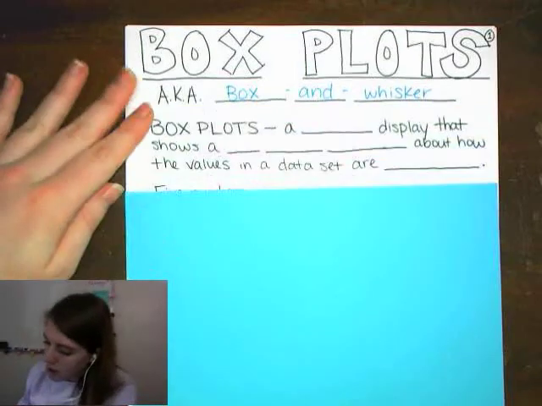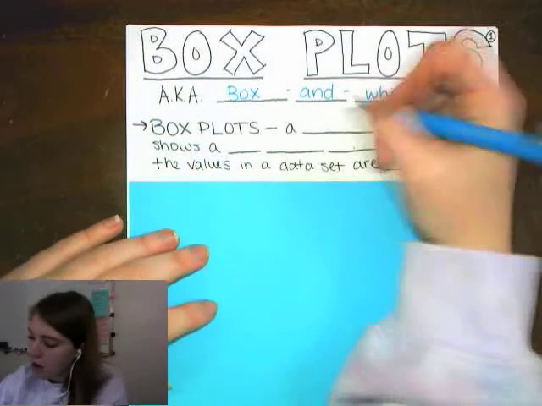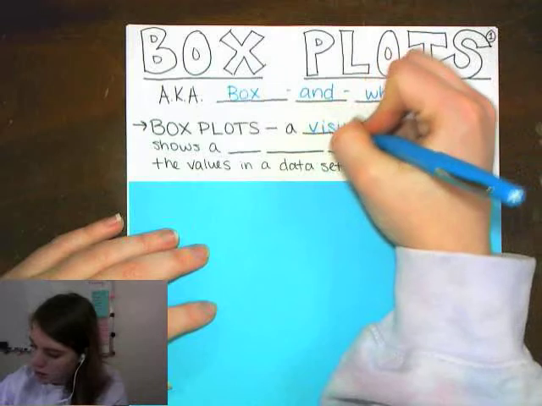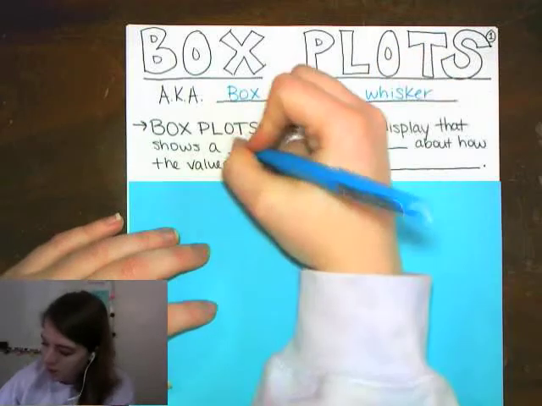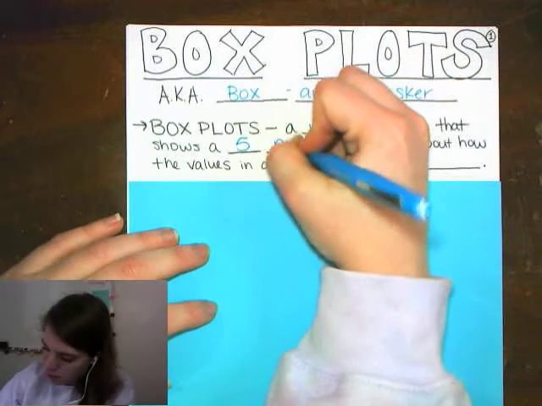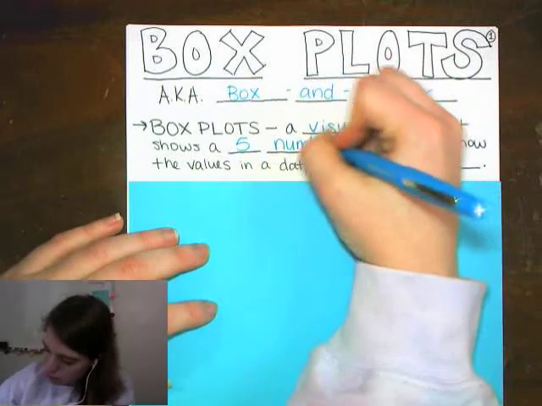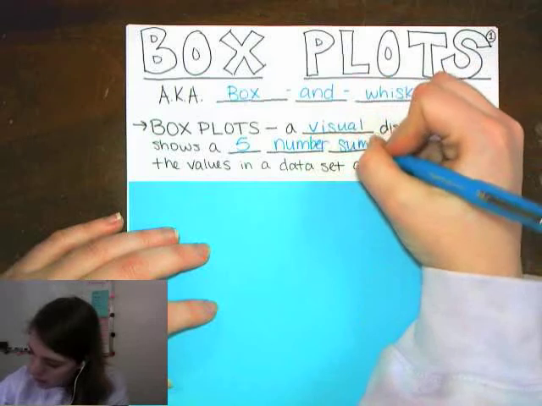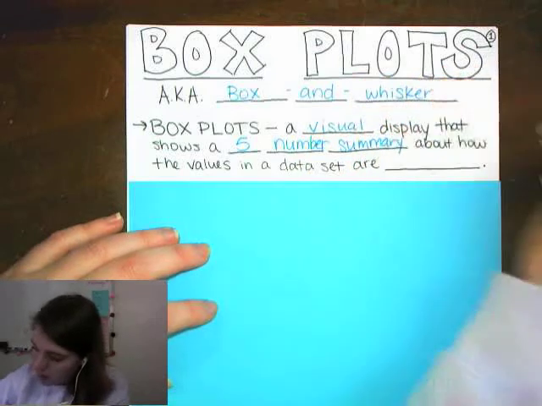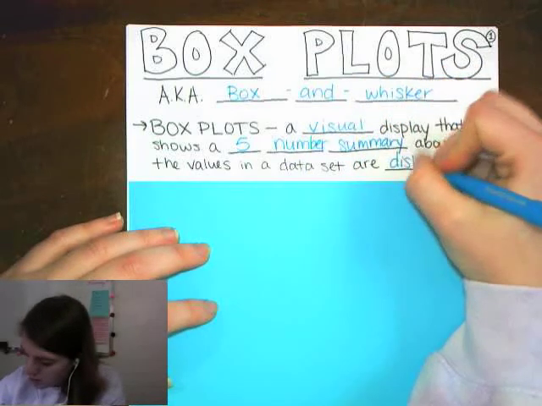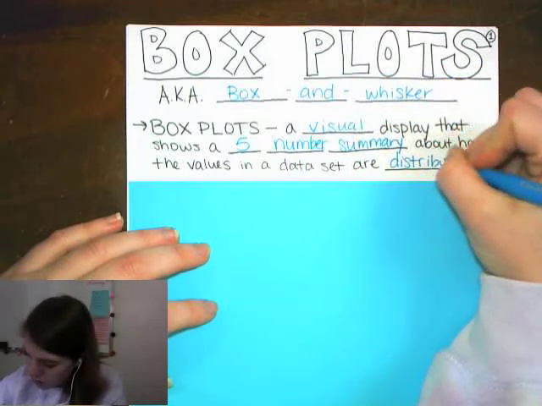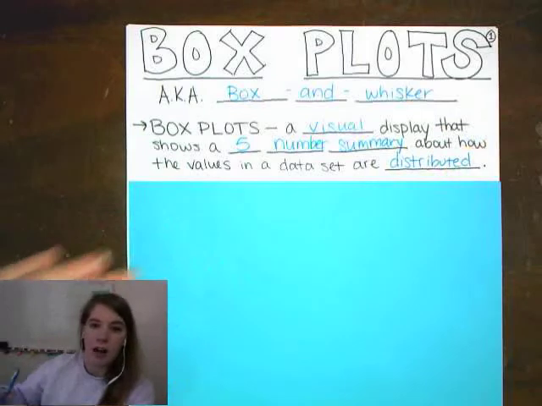But box plots, as we talked about last time, are a visual display that shows a 5-number summary about how the values in a data set are distributed. Remember, distributed means spread out.